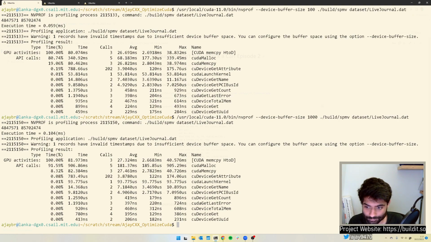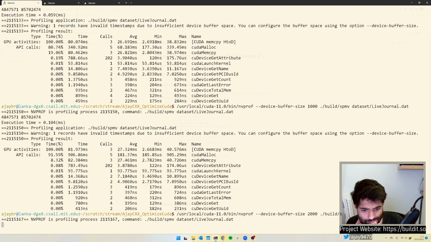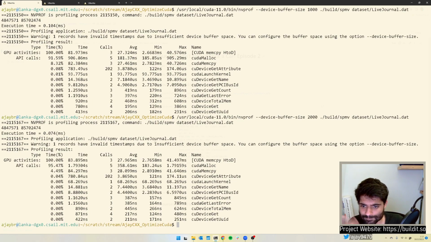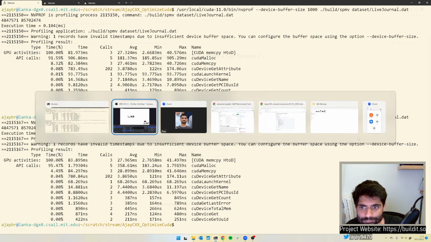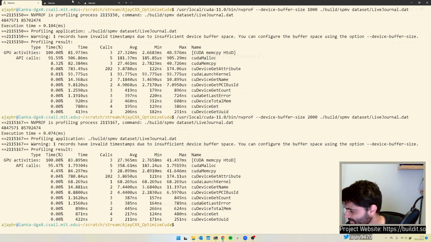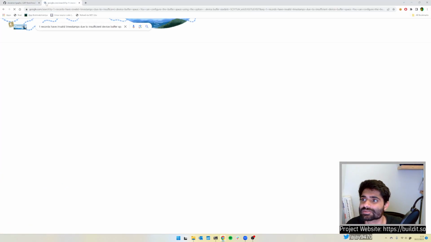How much does it need? You know what? Let's just Google this. I've never seen this error before, by the way, so this is something new. I'm learning as we go.